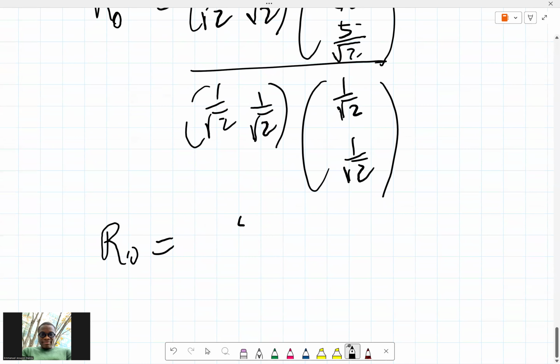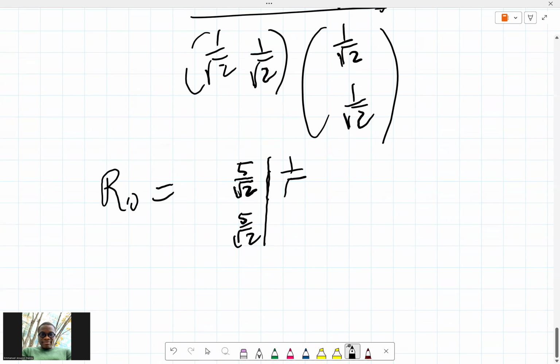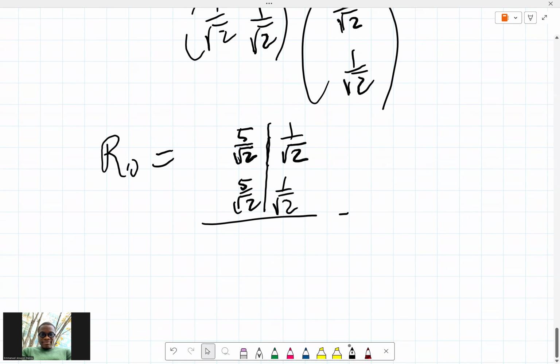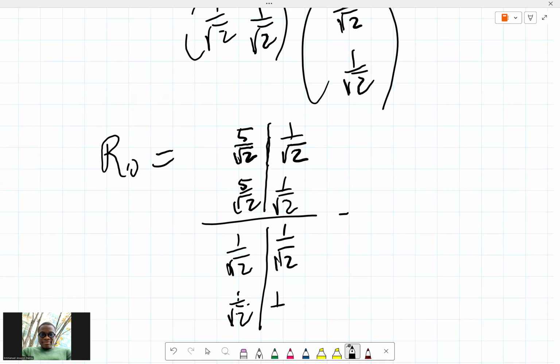So we have 5 over root 2, 5 over root 2, then put those over 1 over root 2, 1 over root 2, all over 1 over root 2, 1 over root 2, then put over it 1 over root 2 again, 1 over root 2.